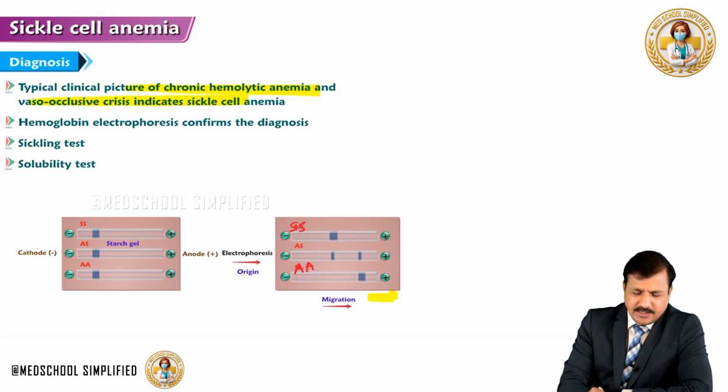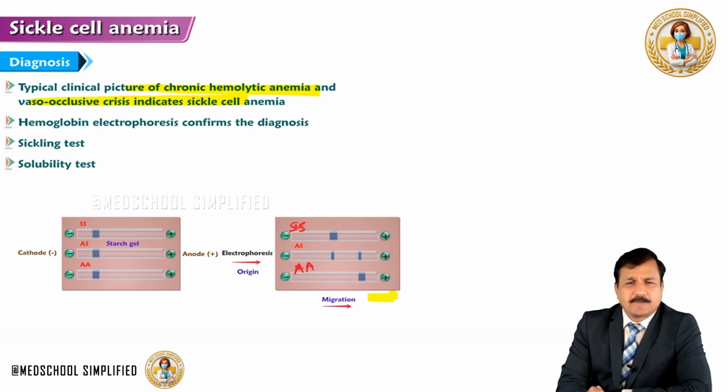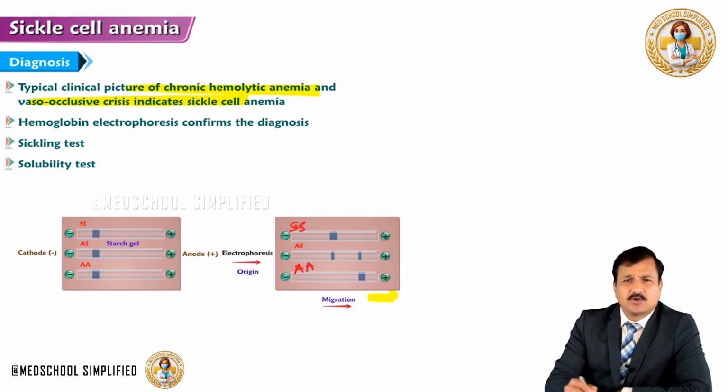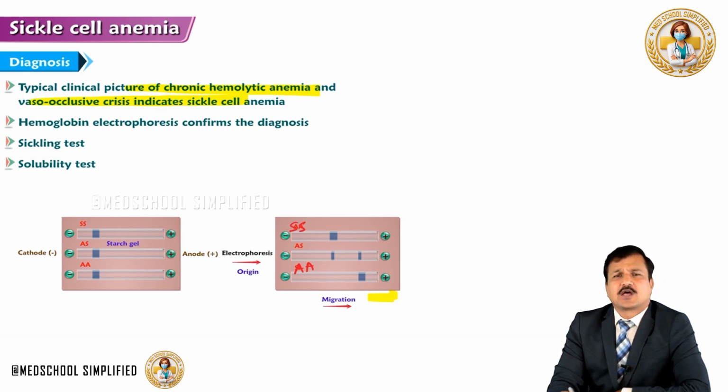One of the bands is stopping in the middle because it has got valine. It is a sickle cell type of beta-globin chain. And the other beta-globin chain is normal, so it moves normally all the way towards the anode. So you see 2 bands there. One is stopping in the middle and the other goes all the way towards the anode, just like normal adult hemoglobin.